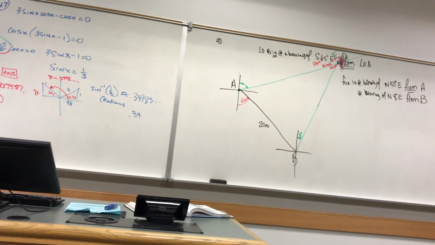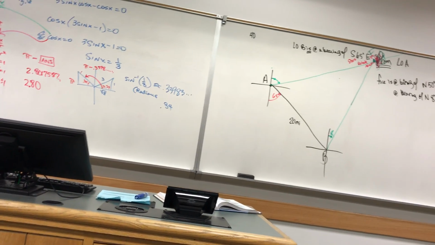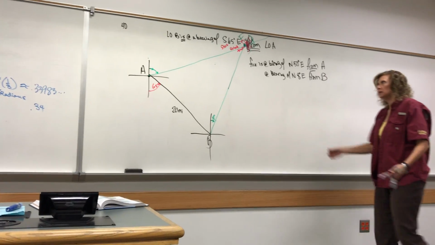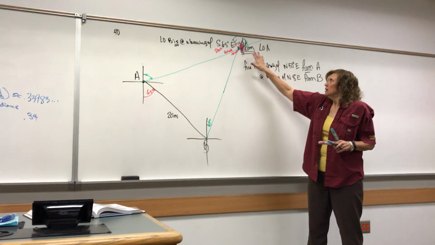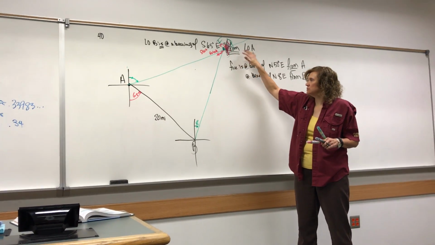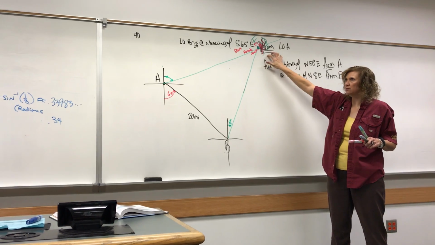Half the battle with these problems is getting the picture drawn. Does everybody understand how I can't just guess? I really got to look at the words, and I got to think, sometimes rearranging it. I've got to start on the back end.